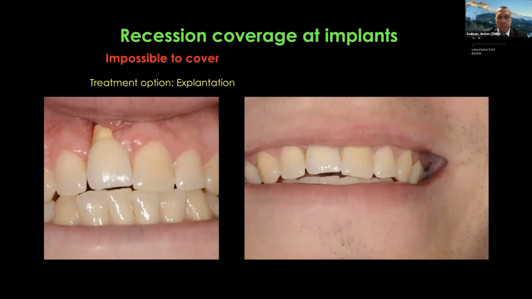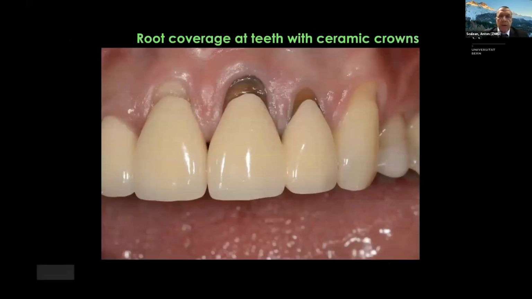Is the explantation and then another treatment option. Then I started to go ahead and try to treat the cases with part of soft tissue.